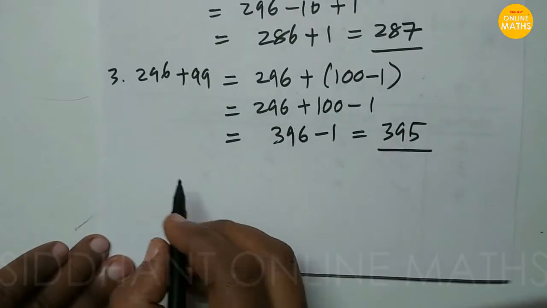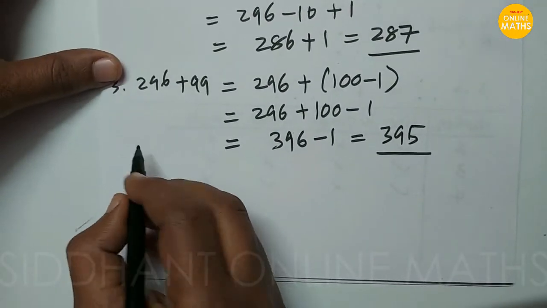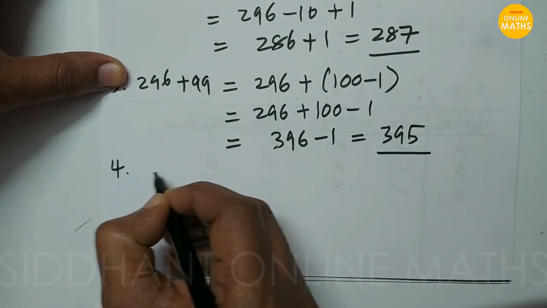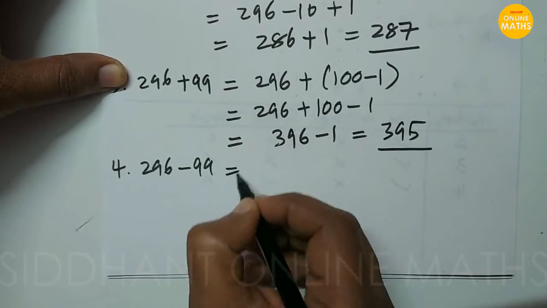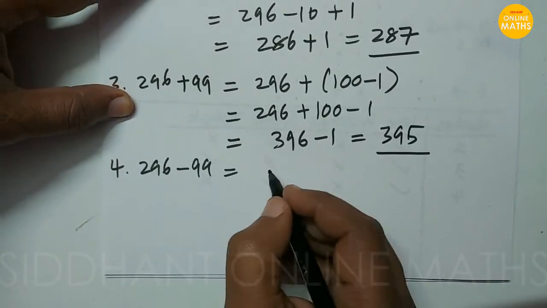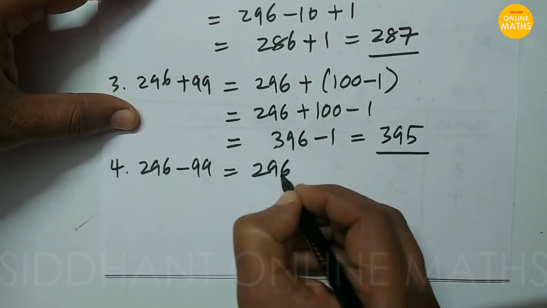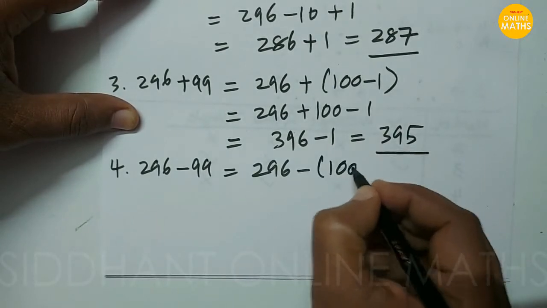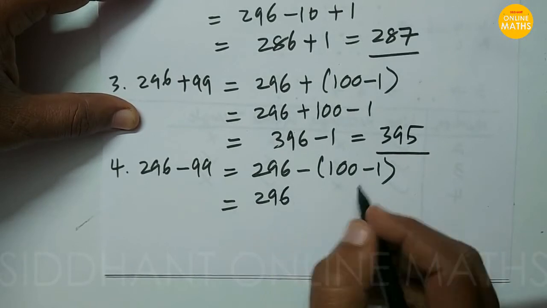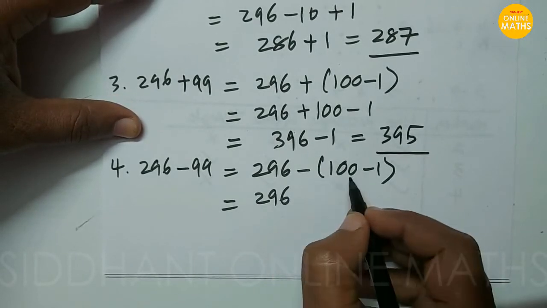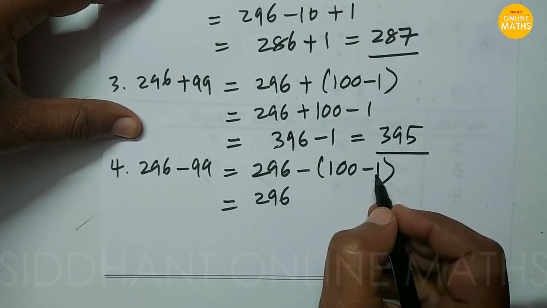So same like addition you take with two numbers here, fourth one, 296 minus 99 you take here. So 99 can be written as 100 minus 1. So 296 minus 100 minus 1 you take. So here you just make a note, like minus into minus will become plus here.